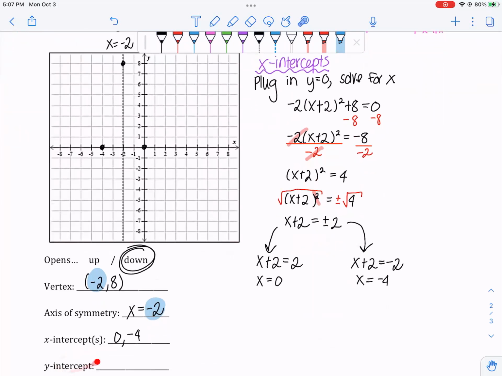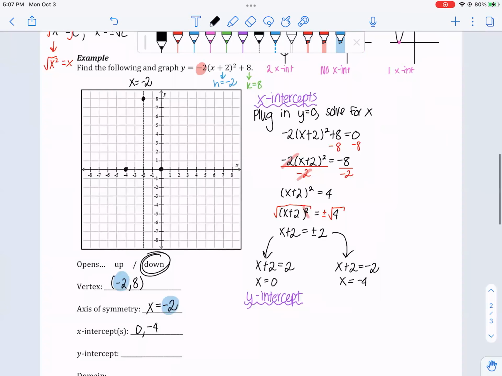The next bit of information is the y-intercept. The y-intercept is much easier. For the x-intercept, you plug in y equals 0 and solve for x. For the y-intercept, you plug in x equals 0 and solve for y.